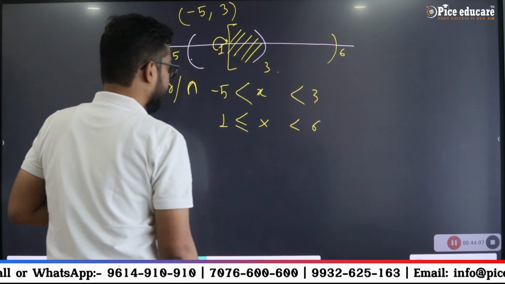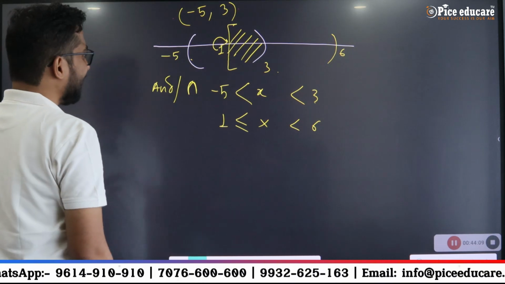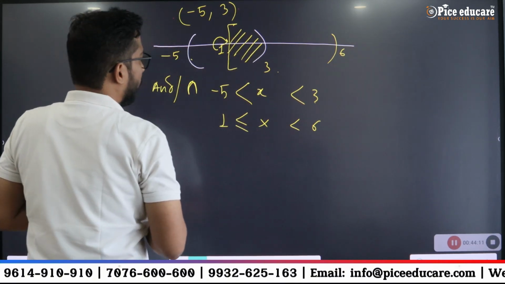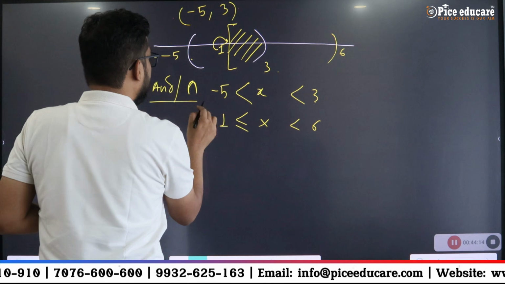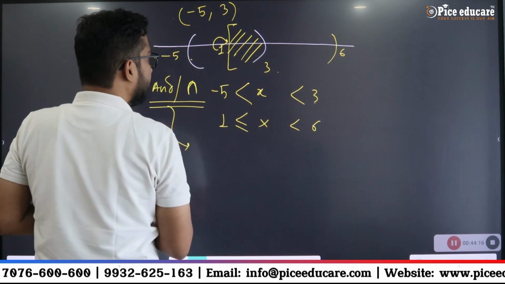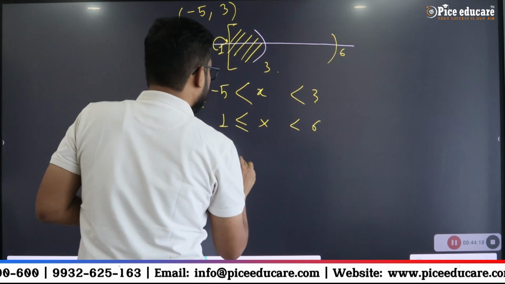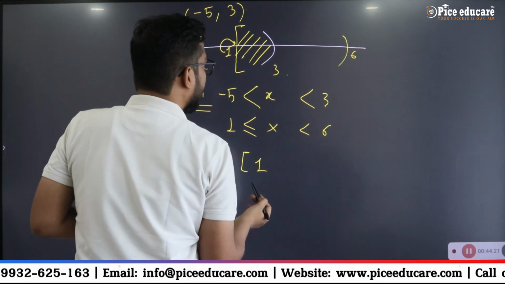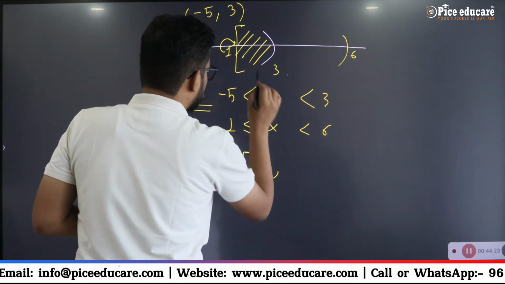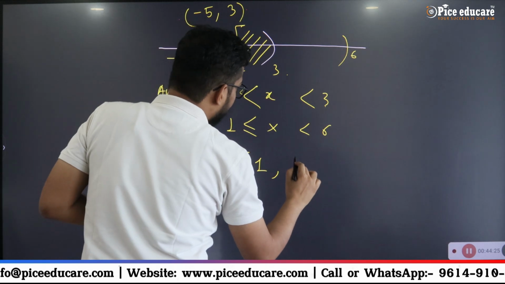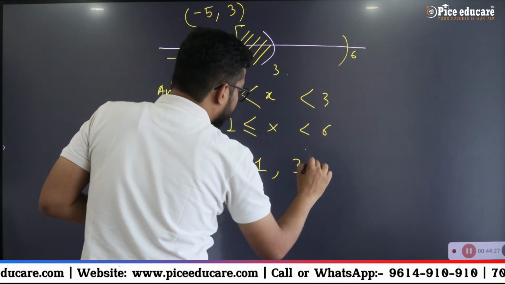If this is the situation, then there is a common zone. So what is that common zone? If I go for intersection, what should be our outcome? Our outcome is greater than or equal to 1 and strictly less than 3.